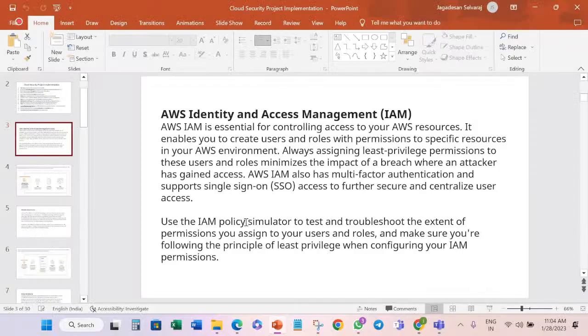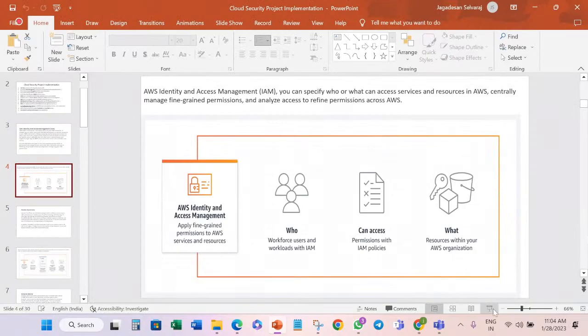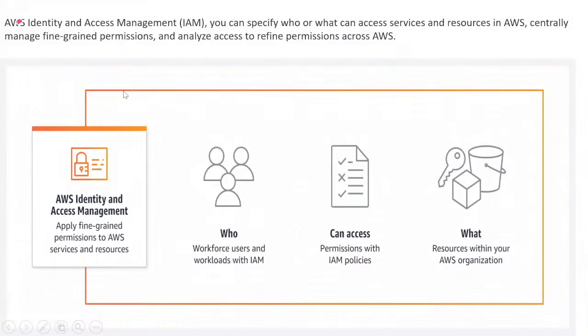This is IAM control. Majorly, the IAM configuration here is AWS Identity and Access Management. You can specify who or what can access which services and resources in AWS, centrally manage fine-grained permissions, and analyze access to refine permissions. With IAM you apply fine-grained control: who will have access and what provision is given.